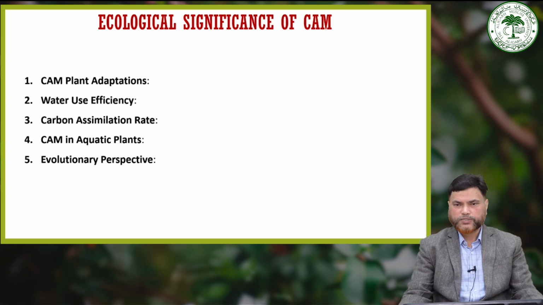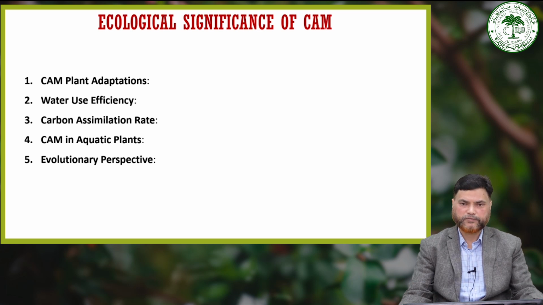So the closure of stomata during the day in CAM plants, which helps them to save water in dry environments, might not be the only reason why CAM evolved. More surprisingly, some plants that live in water, that is in aquatic conditions, also show CAM behavior.